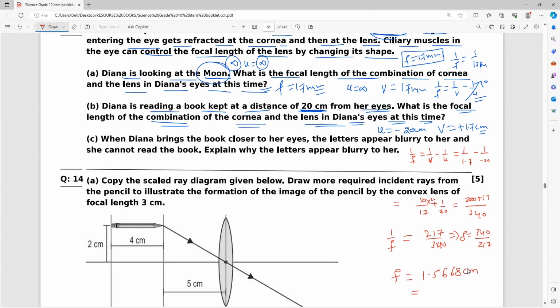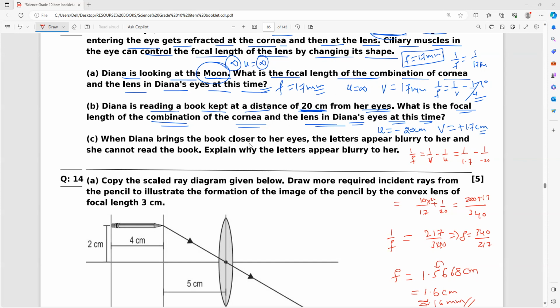Rounding off, it will come as 1.6 centimeter. So I will write this as 16 millimeters. So approximately the focal length is 16 millimeters. Do you all understand, everybody?